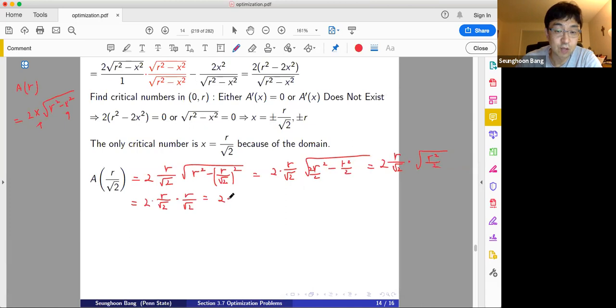So 2 times r times r is r squared, root 2 times root 2 is only 2, 2 is crossed out, r squared. So we have it like this.